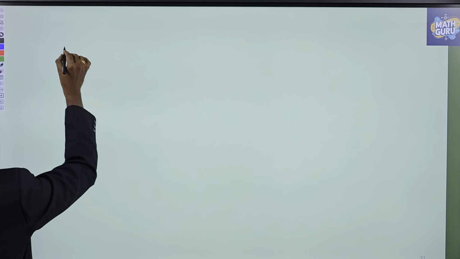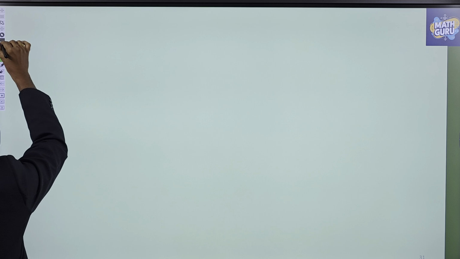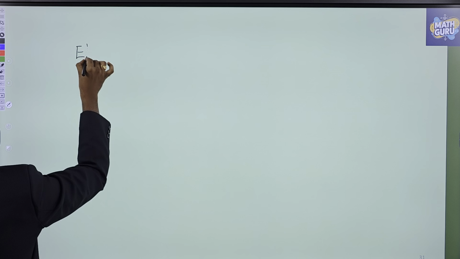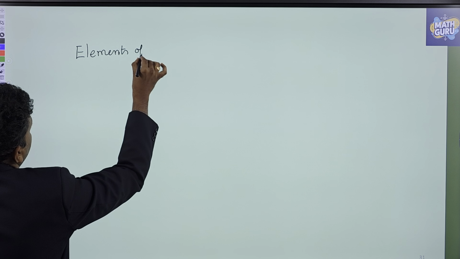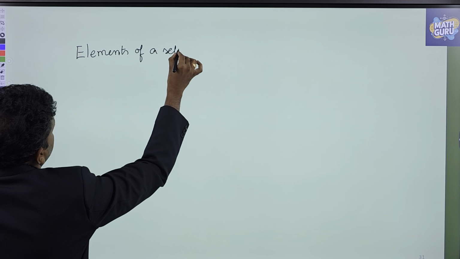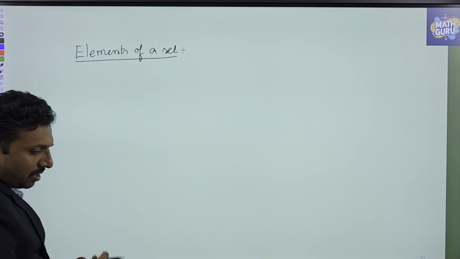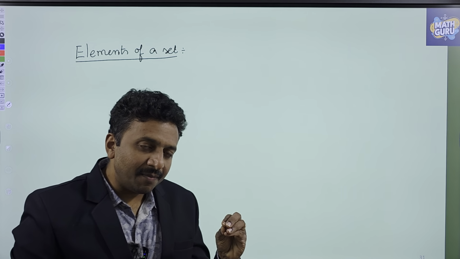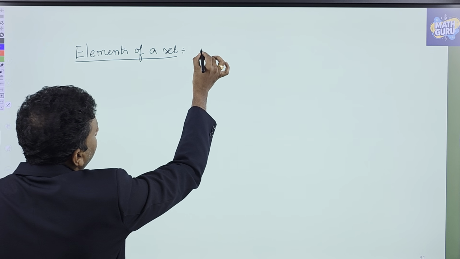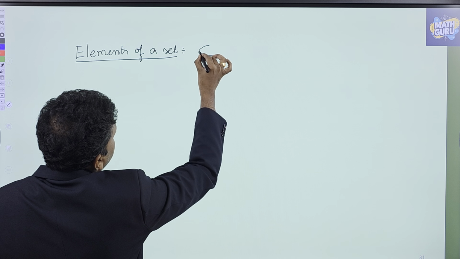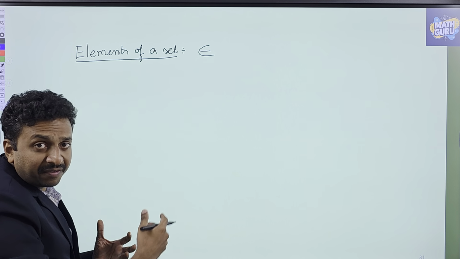So next we have something called elements of the set. Once we define a set, we can decide whether an element belongs to the set or does not belong to the set. So you have a very nice symbol for belongs to. This is the Greek symbol epsilon.